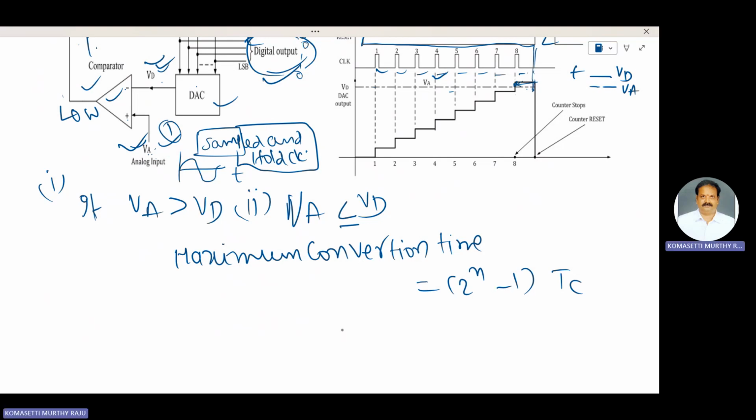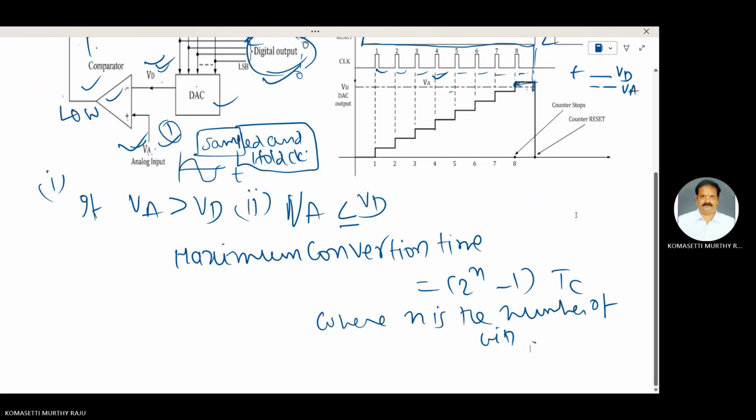That means to reach all ones from all zeros, the counter takes 2 power n minus 1 clock pulses, where n is the number of bits. The disadvantage of this technique is low speed, which is the most serious drawback of this method.